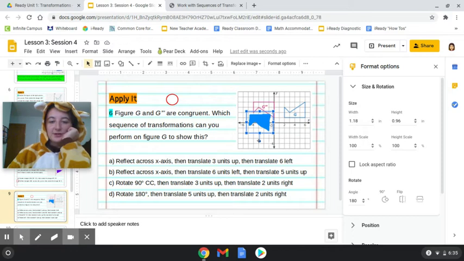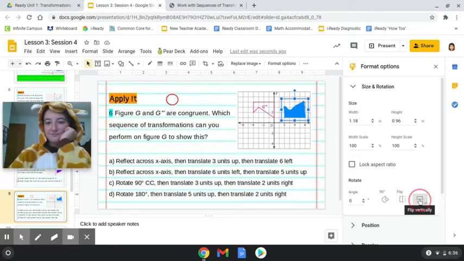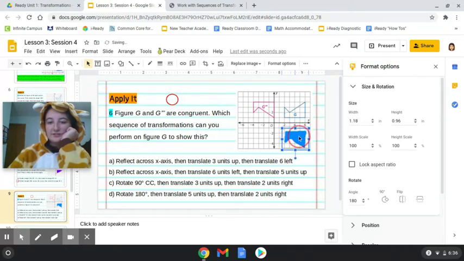Now we're going to try B. So we're going to bring this back to where we started. Now we're going to reflect across the x-axis. So again, that's this way. That's going to be right here. And then we are going to translate it 6 units left and 5 up.